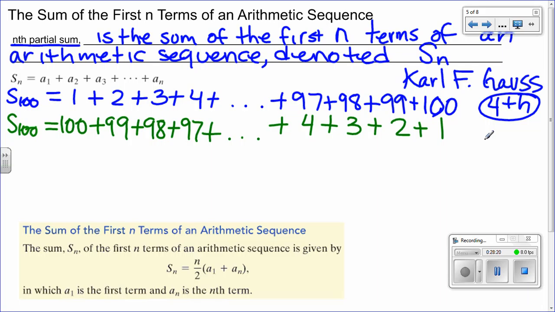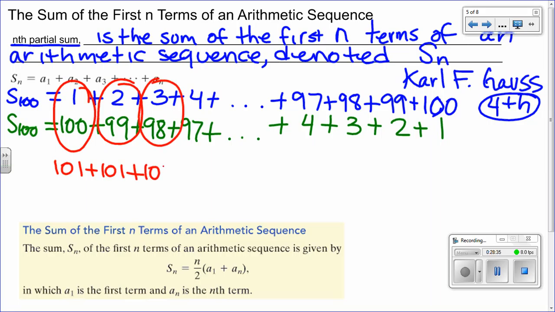Now, what he thought was this. If I add the first and the second row, what do you get here? 101. And here? 101. And here? Do you guys get the idea? He discovered that he will get the same thing every time.